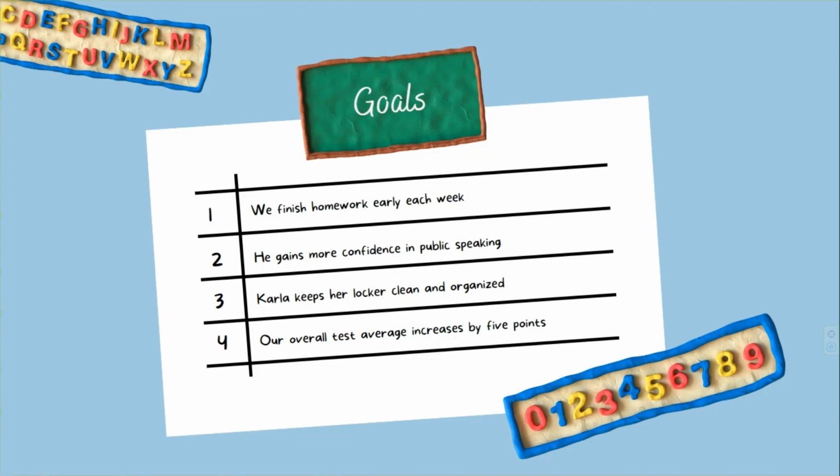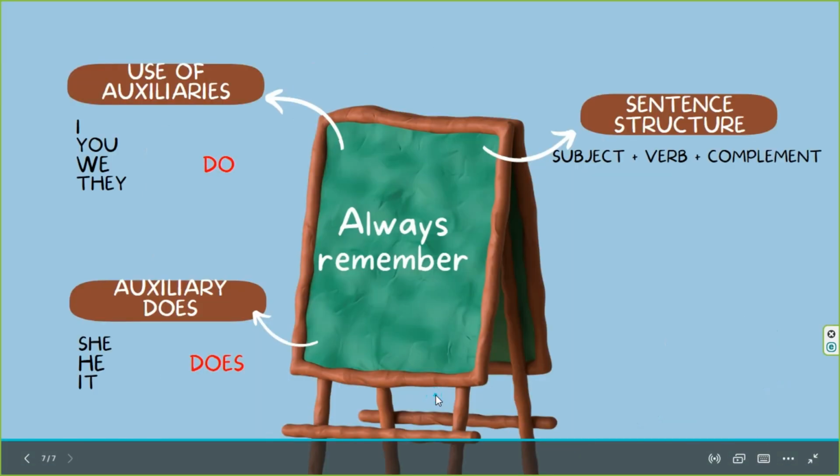Increases by 5 points. That is why I am telling you to be extra careful when you have to identify the subjects, because sometimes you have compound subjects, and therefore you have to be very careful when identifying who is the subject, to think of the possibility of having an S on the verb.